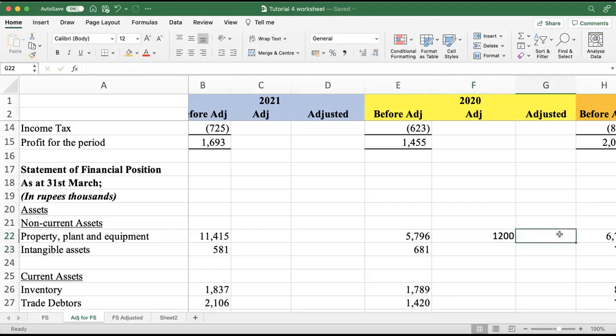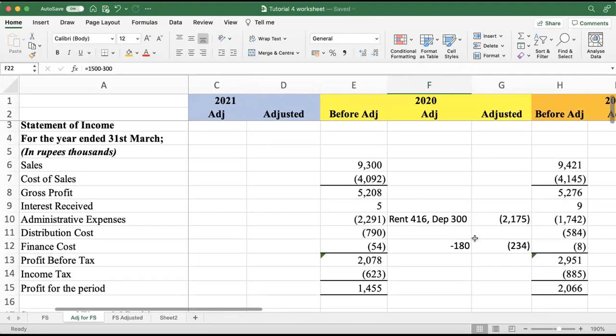So that's added to the property, plant and equipment. Then the property, plant and equipment adjusted value 6,996. Right. Now, this is how you adjust.